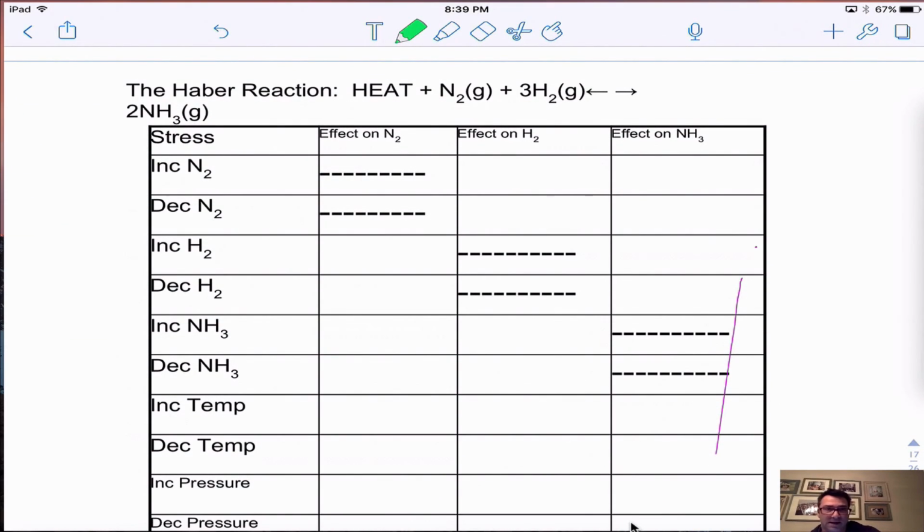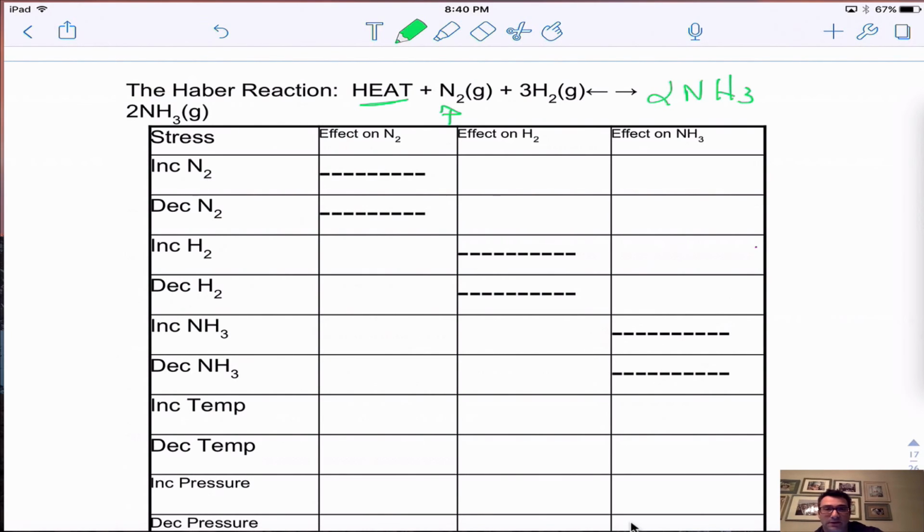This is the Haber process. So we have N2 plus 3H2 yields 2NH3. Heat is on the left side. So let's say, for example, that I were to increase N2. Well, if I increase N2, there will be more reactions and more collisions with H2. That'll cause those to get used up.